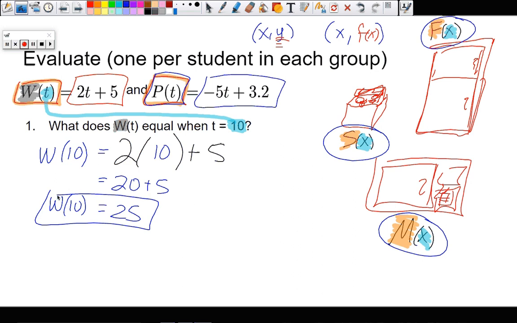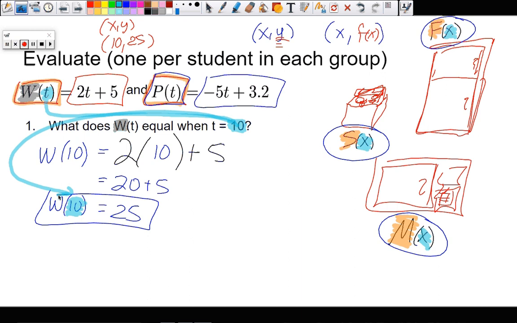Back in Algebra 1, you saw this as x, y. In this case, x would be 10, and the result would be 25. The input that we threw into this equation was 10.